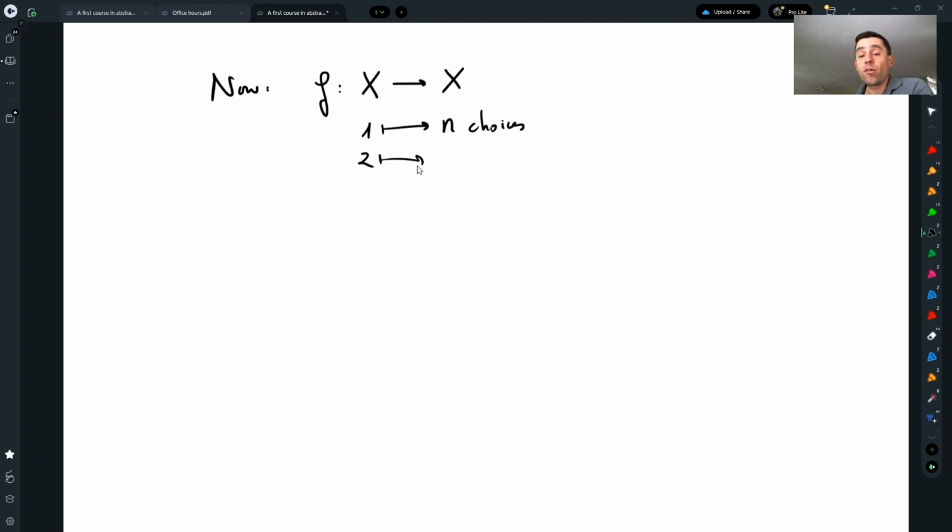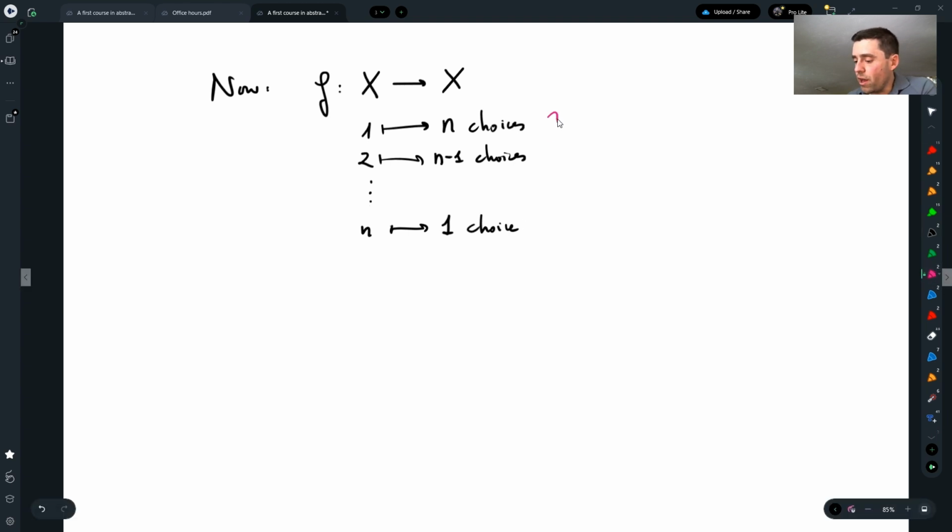Two, I have complete freedom, except that this has to be a bijection, so it cannot clash with my choice of where one went. So for two, there are going to be n minus one choices. And by the time I have to see where n goes, I've decided where 1 through n minus 1 went. So n minus 1 elements are already picked out. So for n, there is exactly one choice.